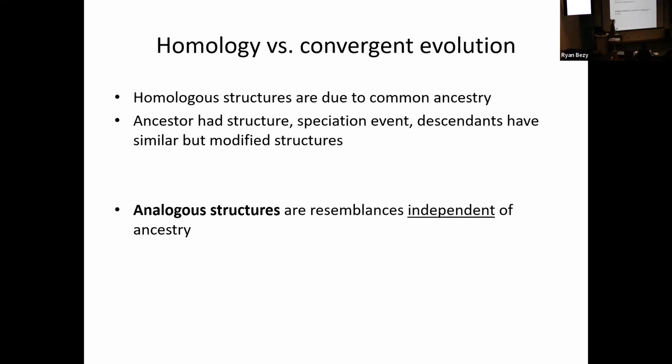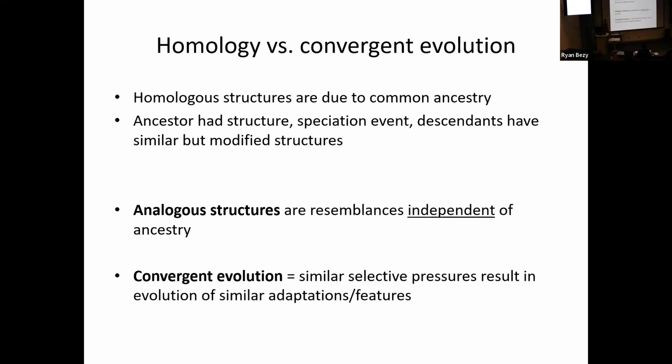However, you can sometimes have trait similarity without shared ancestry. Analogous structures are resemblances independent of shared ancestry, without close relationships. They are due instead to something called convergent evolution. Convergent evolution is where similar selective pressures result in the evolution of similar adaptations or features.